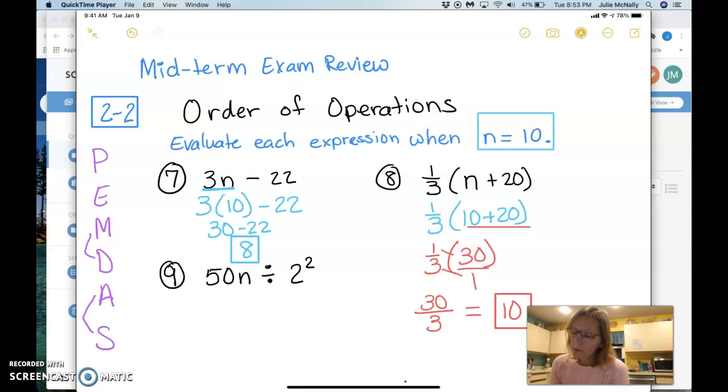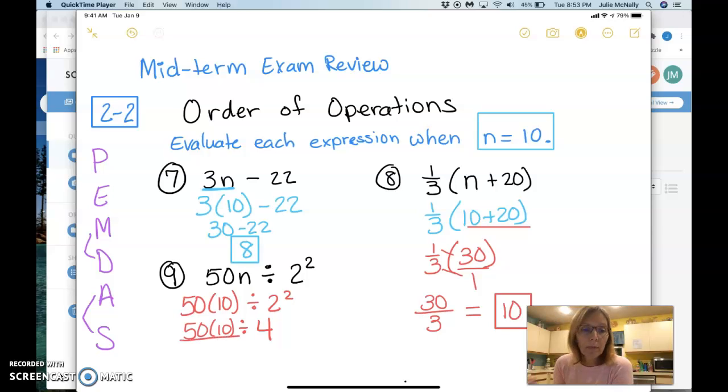And the last one, number 9, again, we're going to plug in 10. Order of operations says exponents come before multiplication, so I'm going to do my exponents first. So I'm going to bring this down. 2 to the second power is 4.